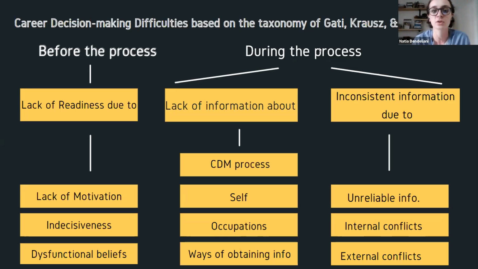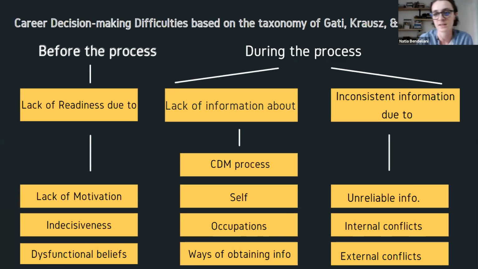As for the second category, lack of information, they lack information about themselves, about their competence, about their skills, about occupations and alternatives that exist in the labor market. And most importantly, how to make decisions wisely. And in case they possess information, this information is inconsistent and unreliable, right?